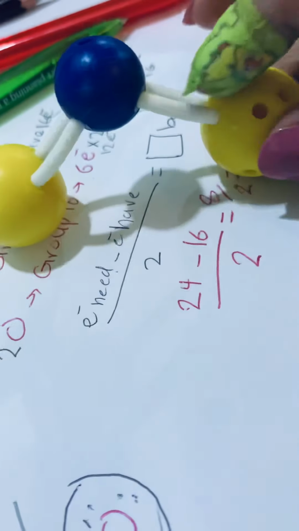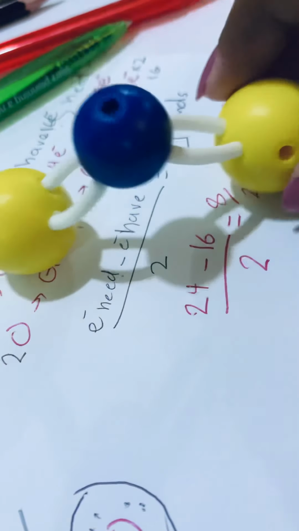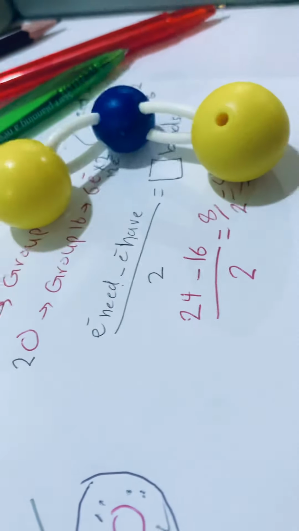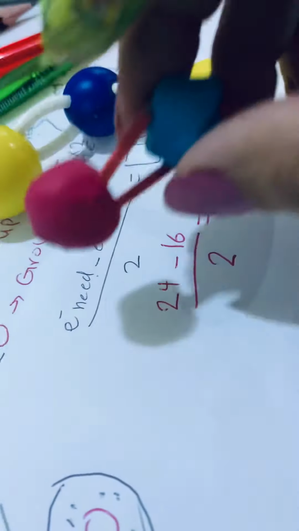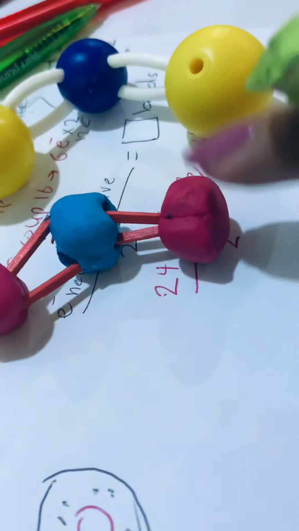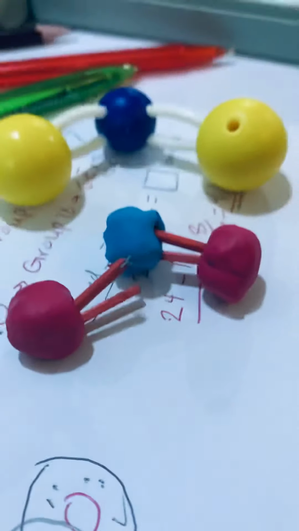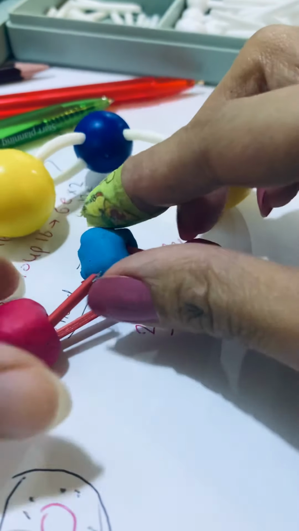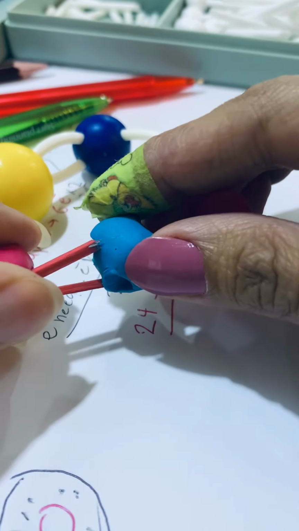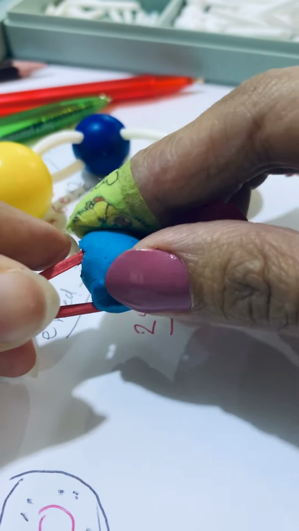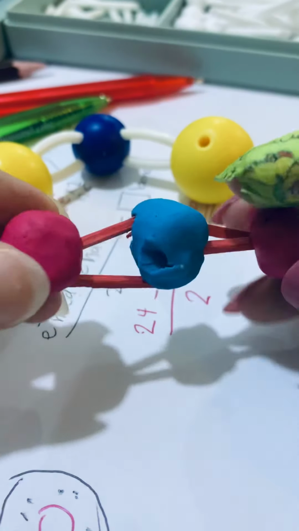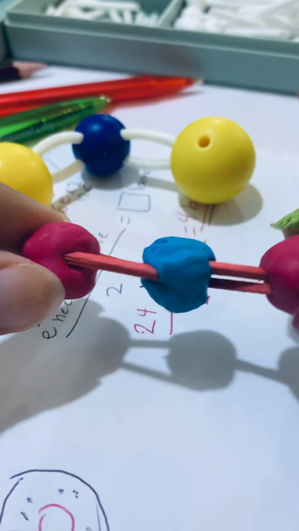So you have a double bond here between the carbon and the oxygen. As I told you, if this is not available, you can use clay and toothpicks. And as you can see here, the pink one represents the oxygen and the blue one represents the carbon. So you can do this at home.